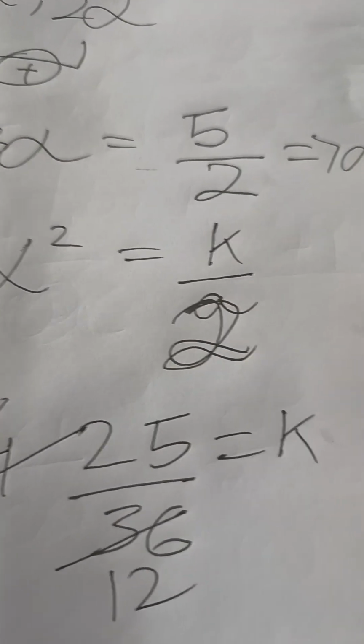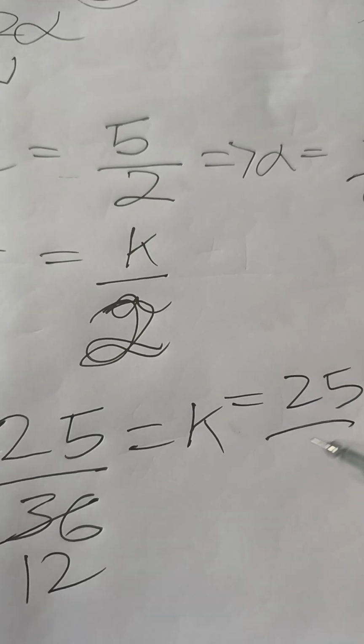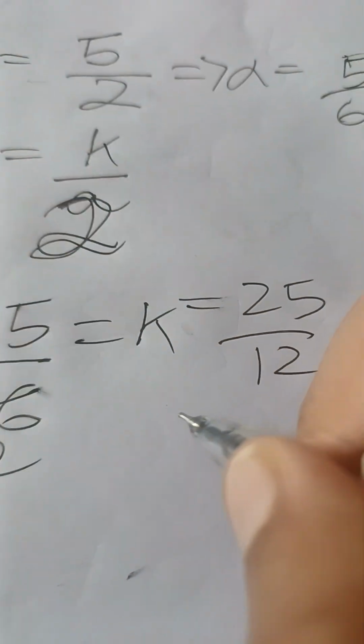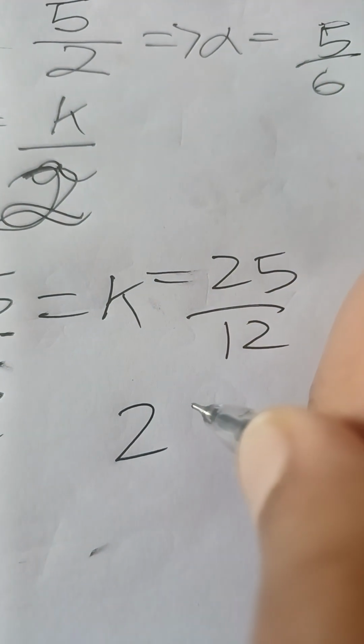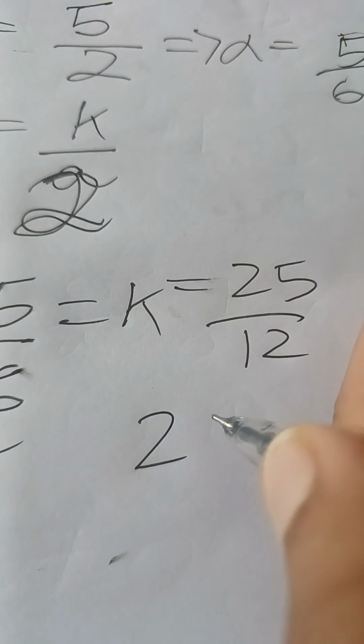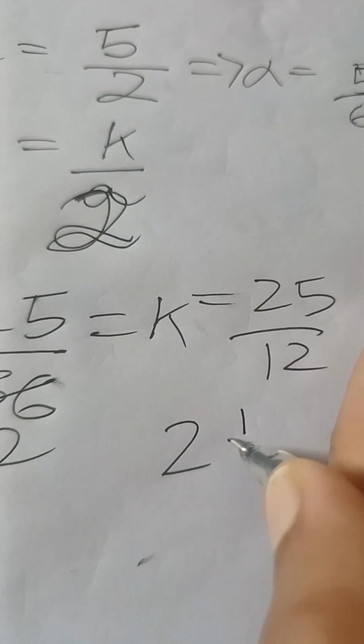This cannot be correct, bro. Okay, so they actually expressed it in terms of mixed fractions, which makes more sense. But 25 by 12, it's just like 2, and it's like 2 1 by, wait.